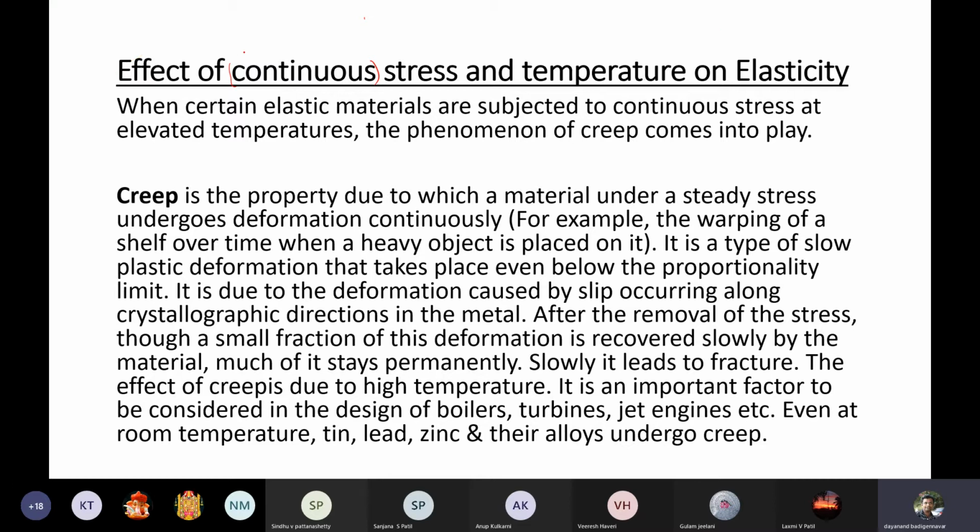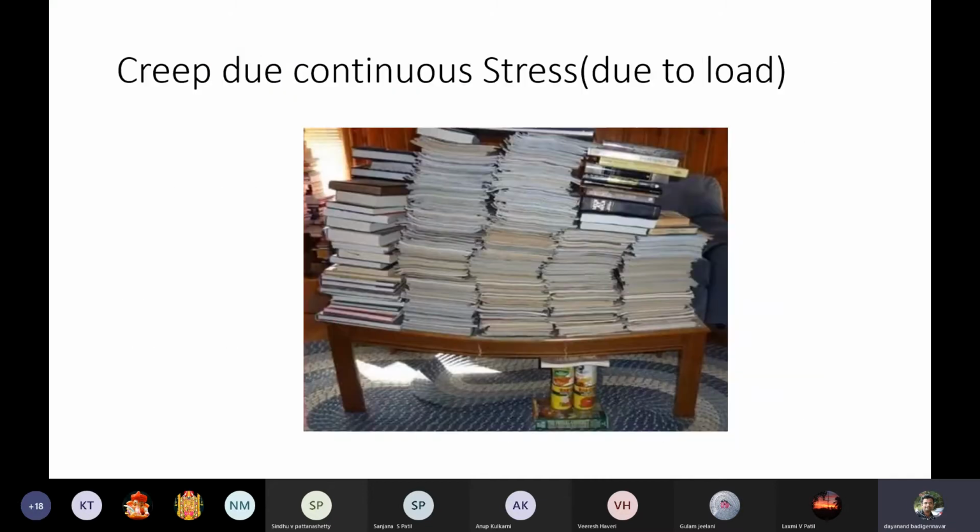Now here I am applying a stress in a continuous manner. When you apply a stress to a material, a phenomenon called creep is formed. Let us assume that this is a metallic table. If I keep a mass like this, it acts on the table.